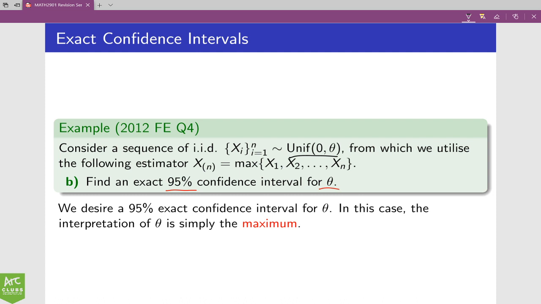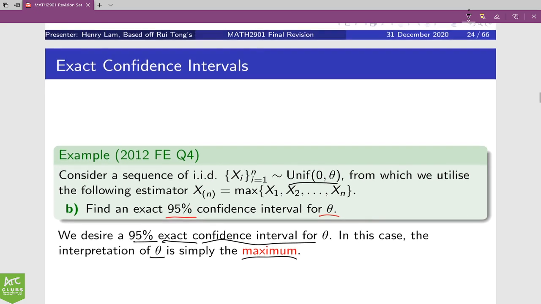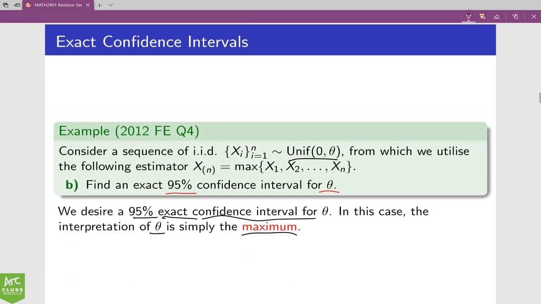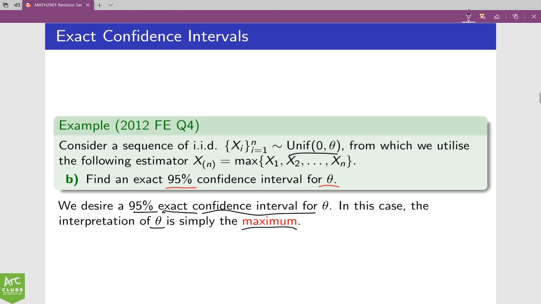You need some intuition as to what the parameter represents if you want to build a proper confidence interval. In this case, theta represents the maximum, and since the question asks for the density of Xn, the maximum, you're going to use that in your answer.